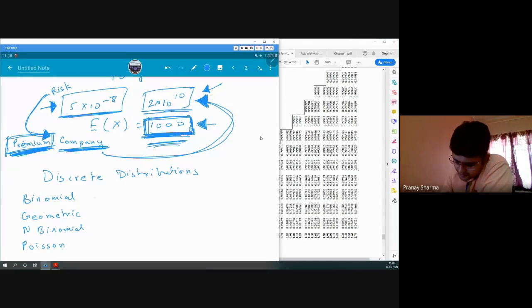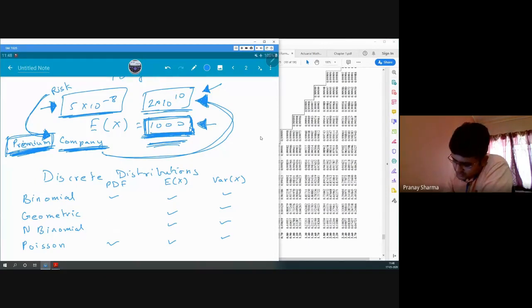You should remember the PDF, that is our probability distribution function, then expected value and variance. You should definitely remember expected value and variance for all four of them, and you should remember the PDF of the binomial and Poisson distributions. Otherwise, you can definitely find this from your table.